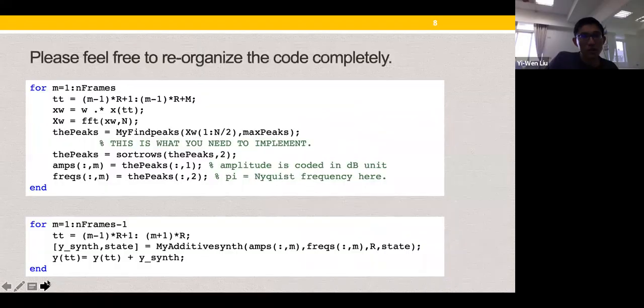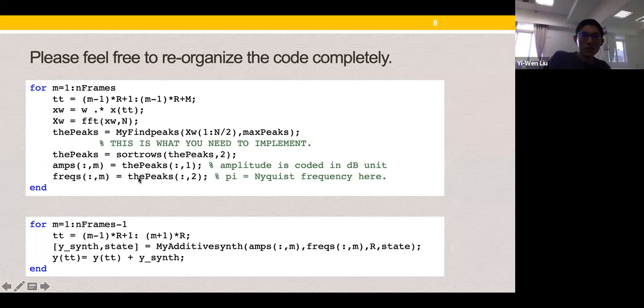I want to assure you that please feel free to reorganize the code completely, right? Now we allow the number of peaks to vary across frames, and in the end you'll be summing over all trajectories, right? So you don't absolutely have to follow the data structure, which is really naive. Should I say the data structure sucks in the starting code I gave to you?